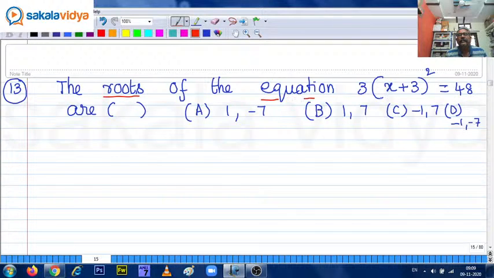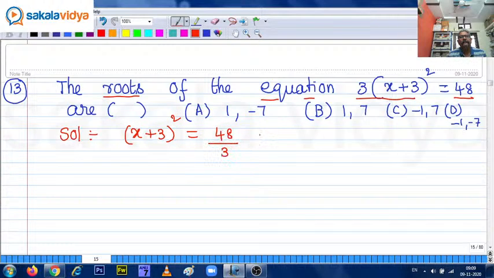The roots of the equation 3 times (x plus 3) whole square equal to 48. We need to solve this equation. First divide 48 by 3. You get (x plus 3) whole square. Then after that get the value of x plus 3. So (x plus 3) whole square equals to 48 by 3, which is 16. x plus 3 equals to square root of 16.